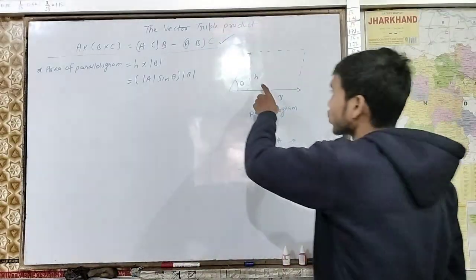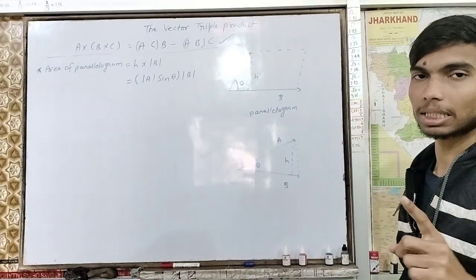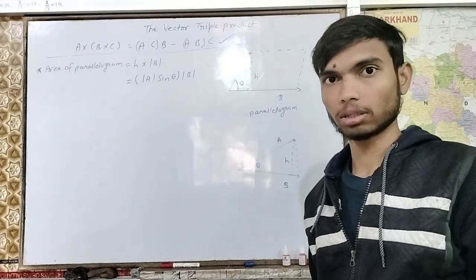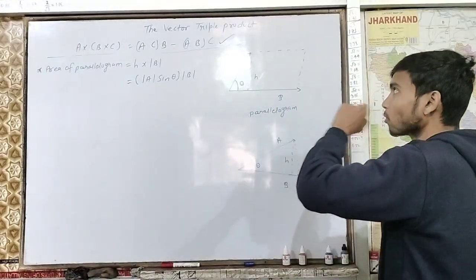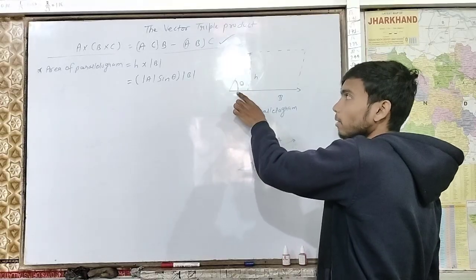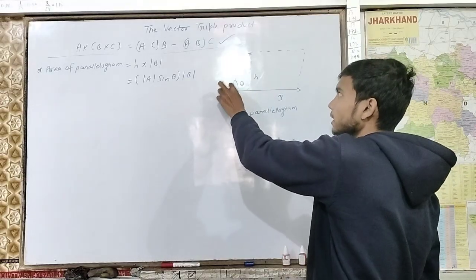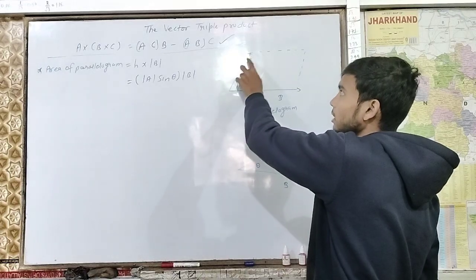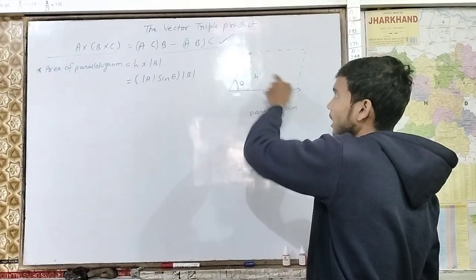Since we have H, which is exactly vertical, we only want the exact vertical. For the exact vertical, according to this theta, this component will be cos theta and this component will be sin theta.